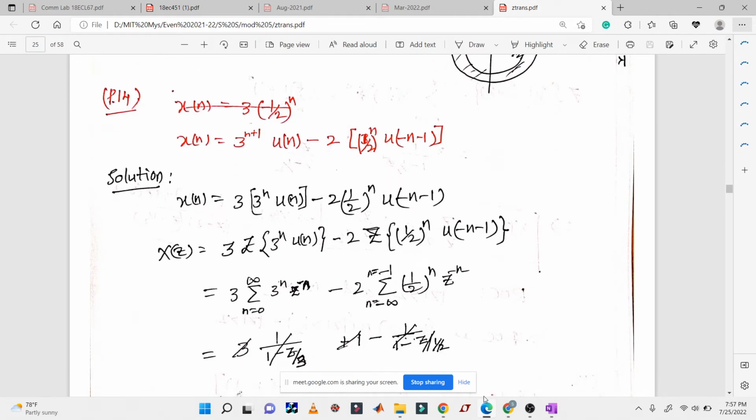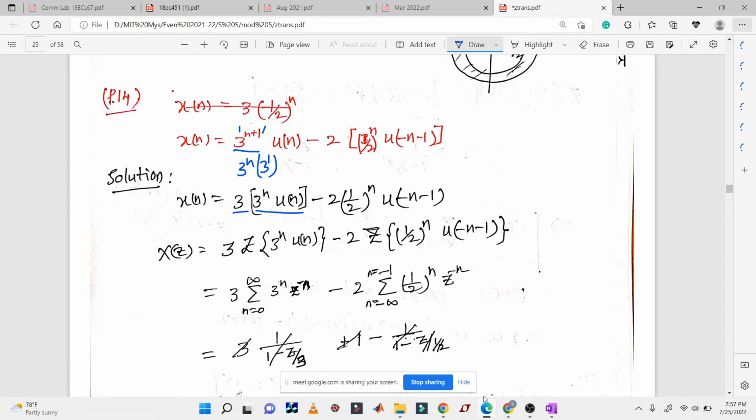Now the next problem, you please solve it, because it is also a similar problem, only the values are different. You can see here 3 to the power n plus 1, how to solve it? 3 to the power n, 3 to the power 1. So 3 to the power 1 is independent, you can take it out.